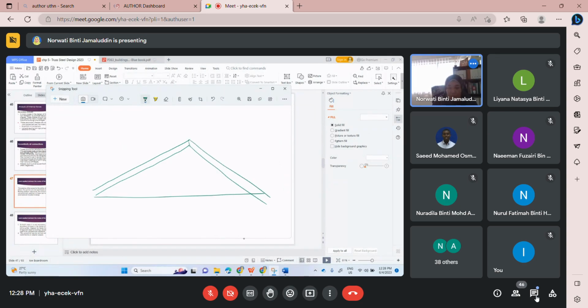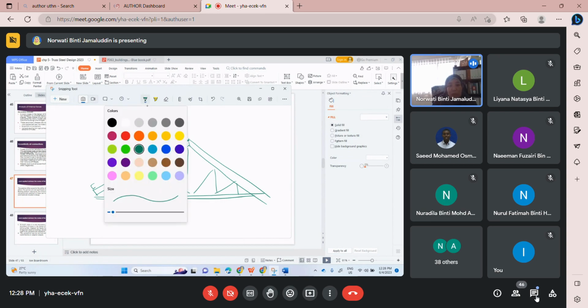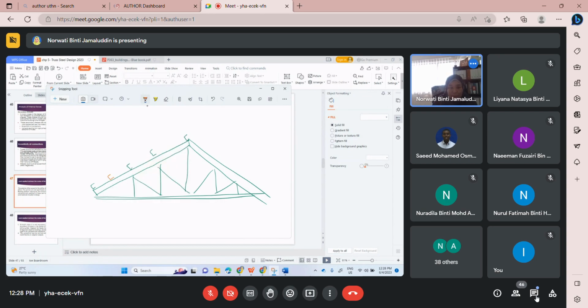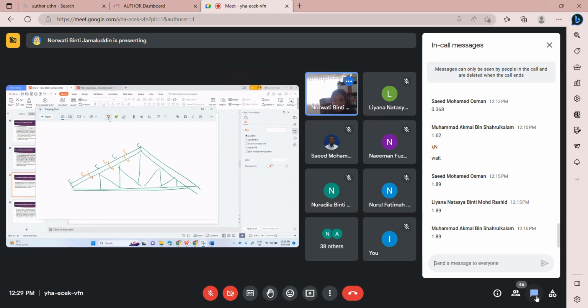You have a lot of truss members here. But when we deal with a purlin that is not located at nodes, it will only affect the rafter, the top chord. This purlin will create bending, but it just involves the top chord.